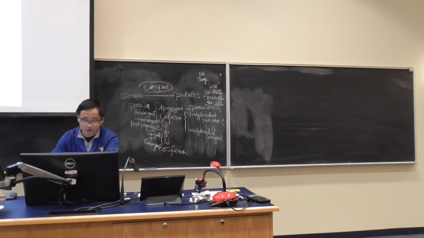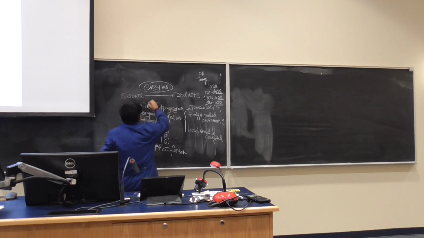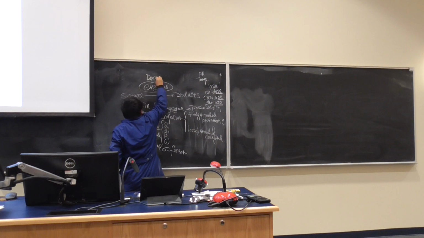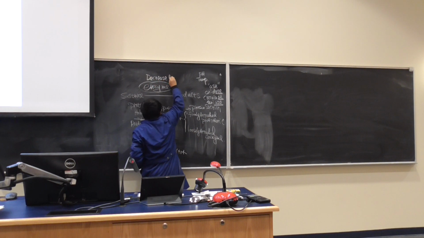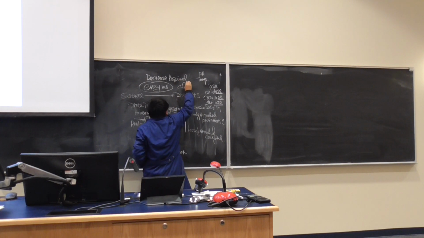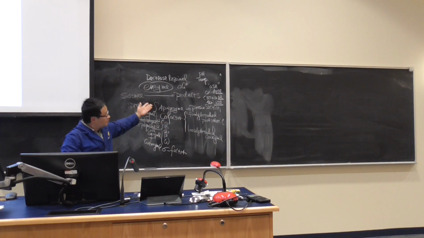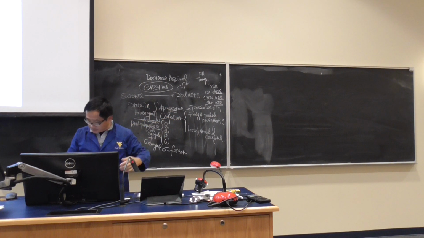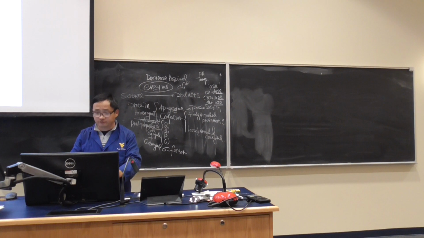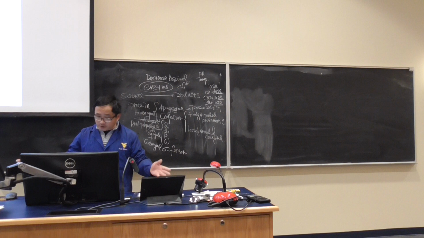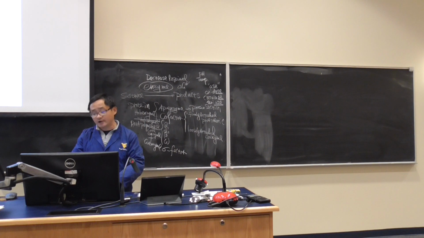So the key is to decrease the required delta G0 prime. We want it to be close to negative, or as negative as possible. And this is what we already talked about, the structure and classification of the enzyme: the apoenzyme, the cofactor, and the holoenzyme, which is the apoenzyme and the cofactors combined together. This is something a little bit difficult in your biochemistry area.